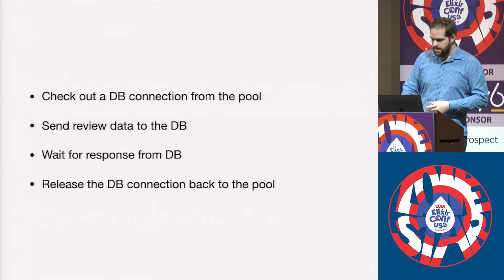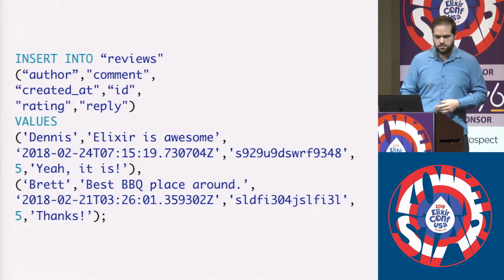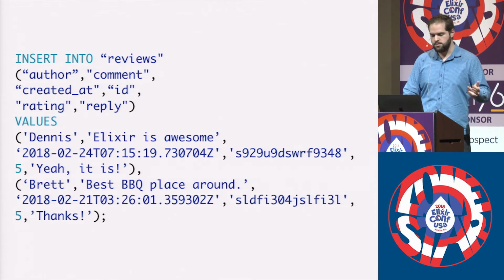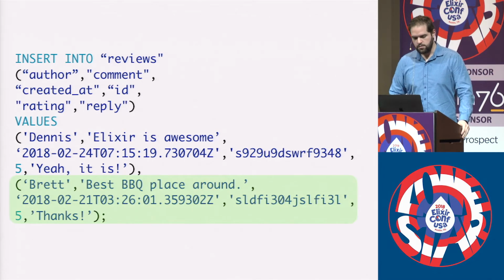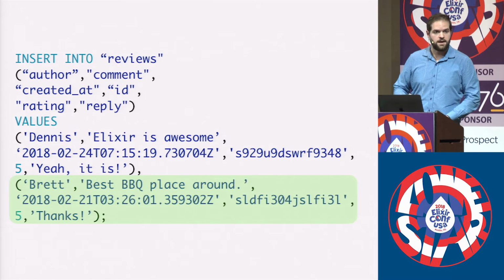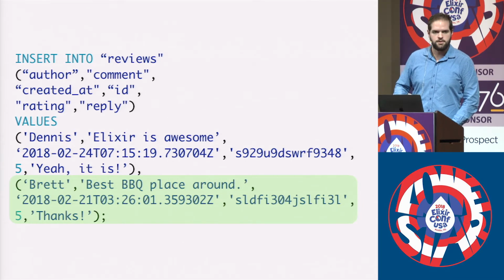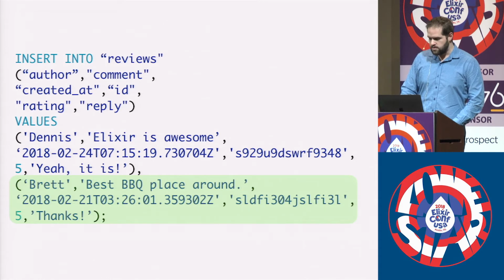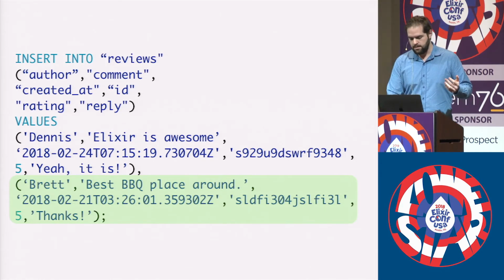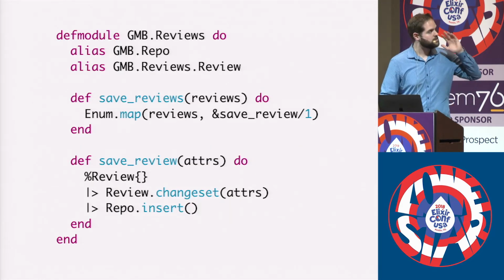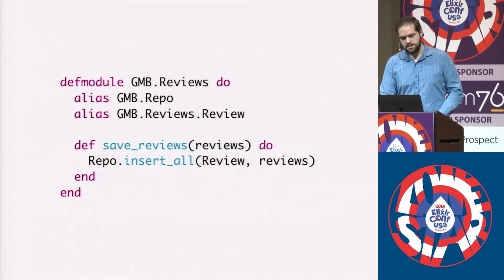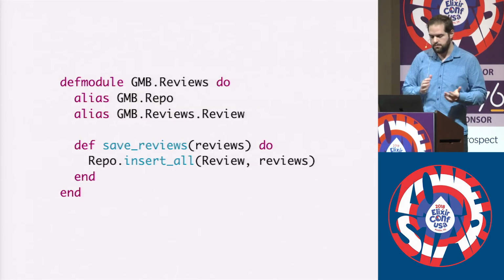What we can do in SQL is provide a list of values to be inserted. So we can specify more reviews, and in a single query, we can insert all of those. In order to do this in Ecto, we're going to have to get rid of most of this, and instead we can replace it with just a simple insert all function.